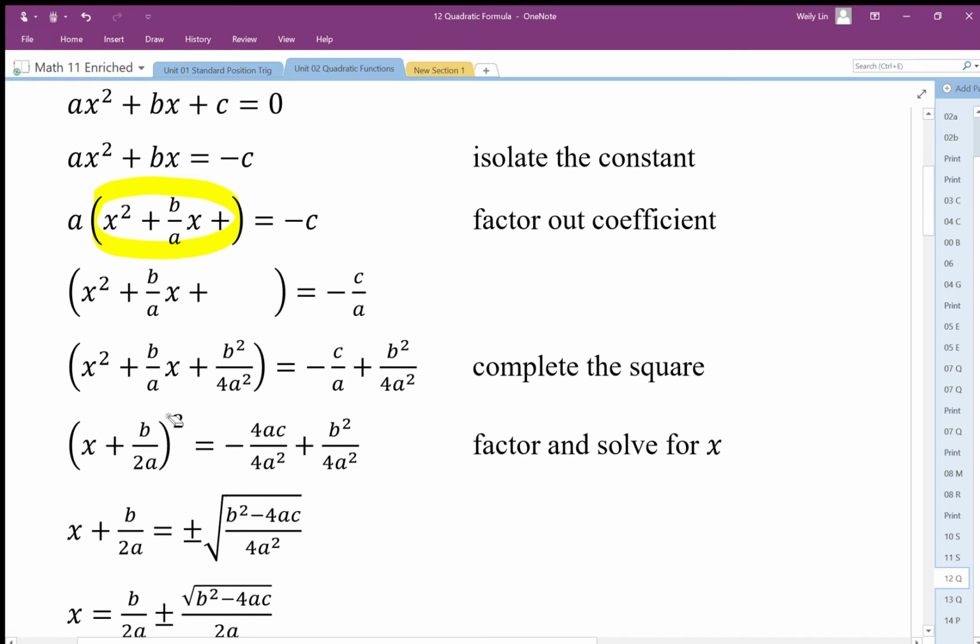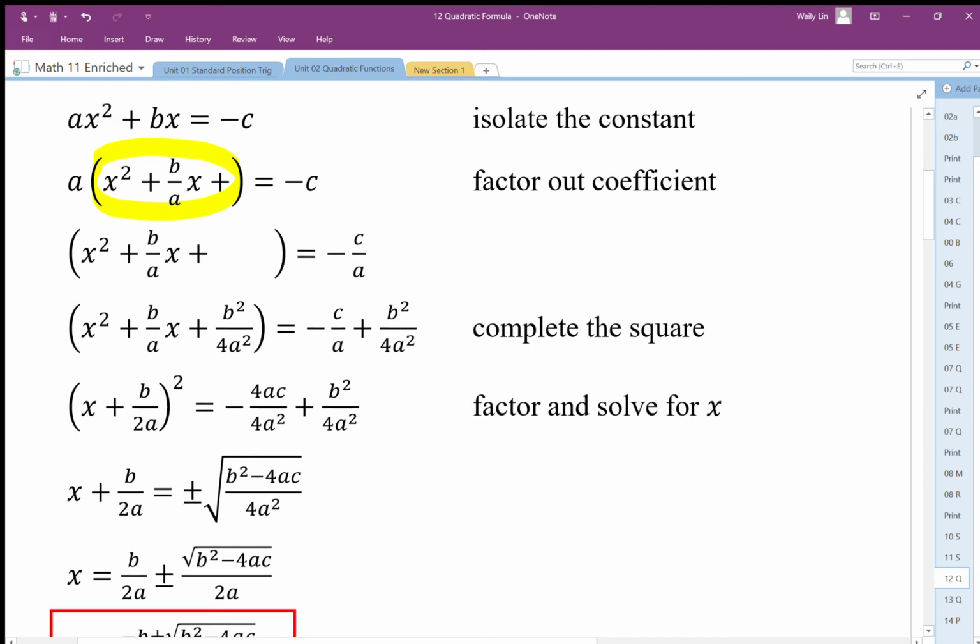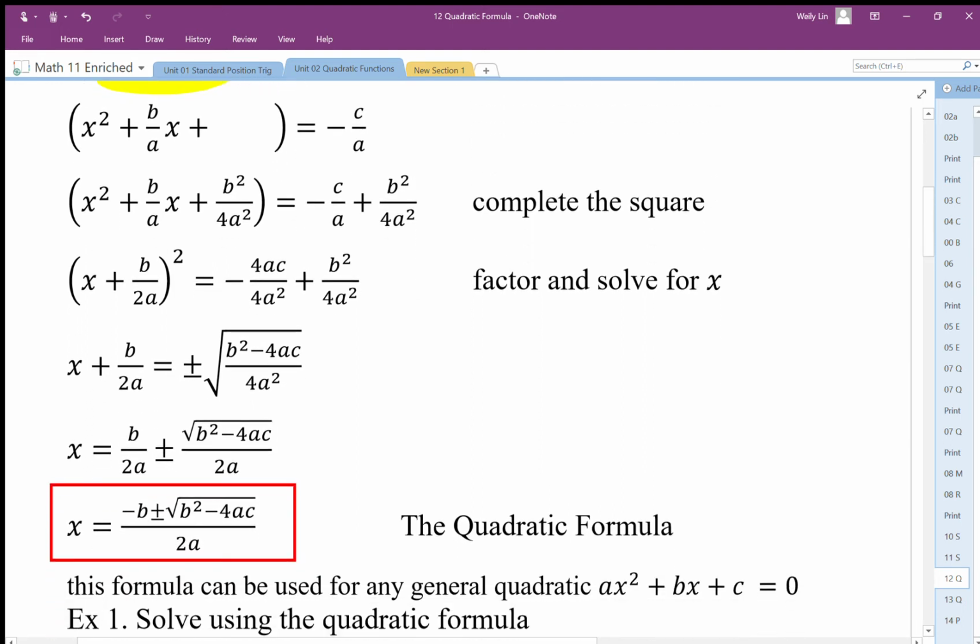And remember that anytime we undo a square, we always have to consider the plus and minus version of that solution. So the last step then is we're going to get rid of this plus b over 2a. We're going to do minus b over 2a. Looks like I need to put the minus over here.